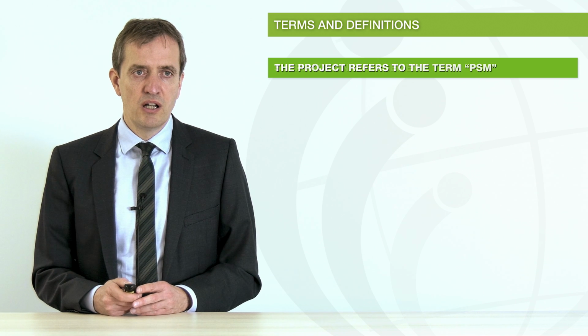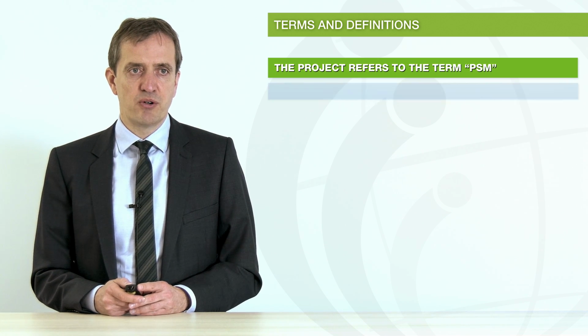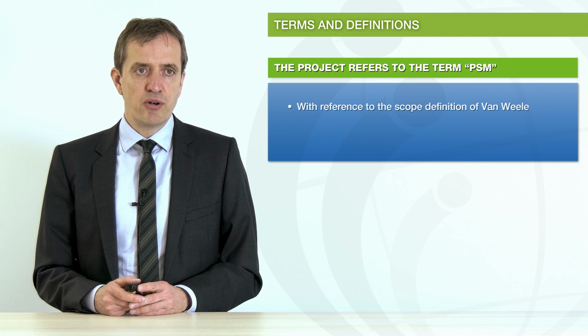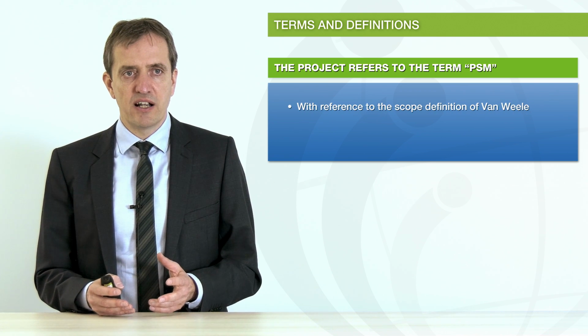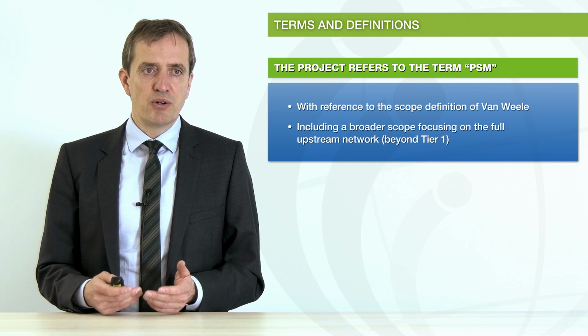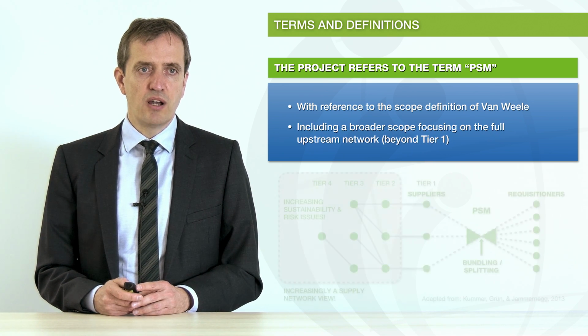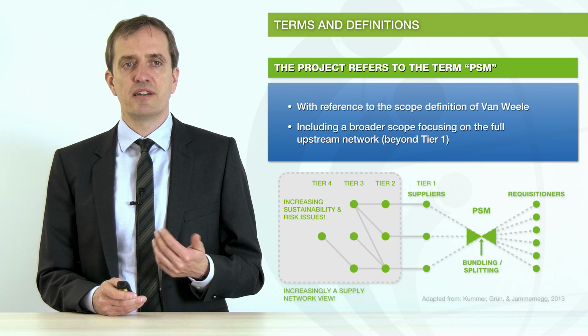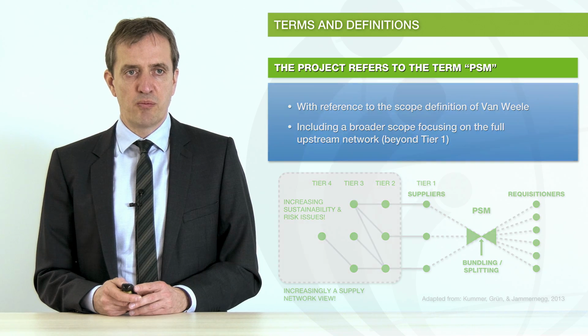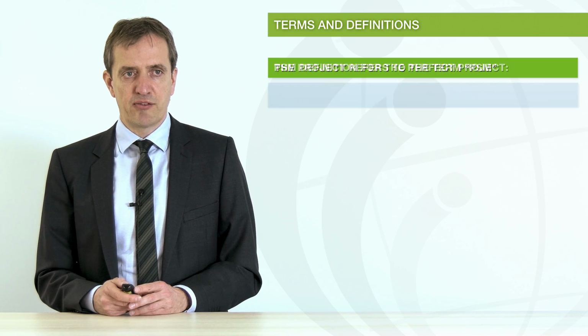As said before, our project refers to the term PSM, and we refer to the scope definition of Arjan van Weele. Nevertheless, we include a broader scope focusing on the full upstream network beyond Tier 1 level. So our definition for the project is as follows.